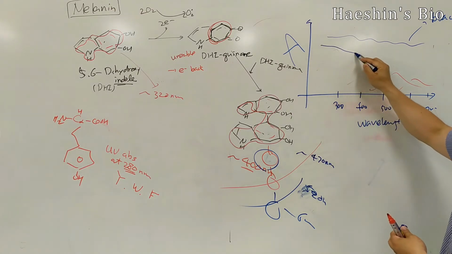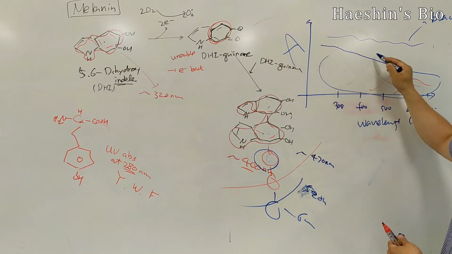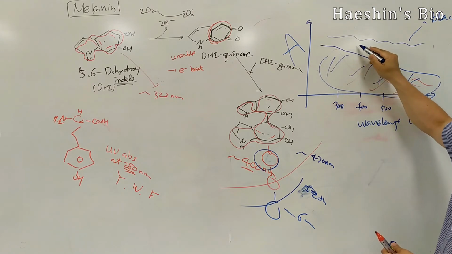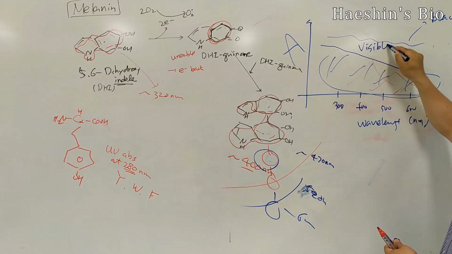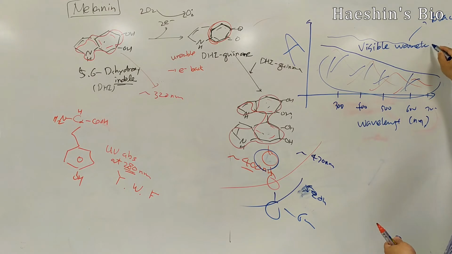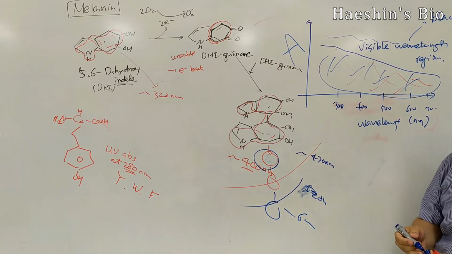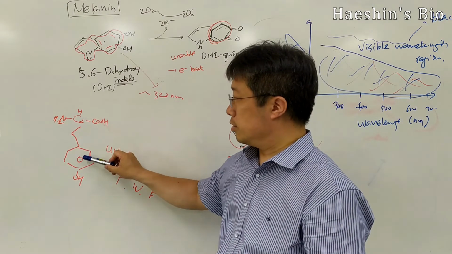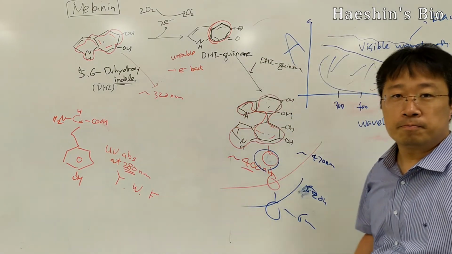Then you get all absorptions until this visible wavelength range. So that's why it becomes dark. Okay, so this is from what? From the actual tyrosine structures.